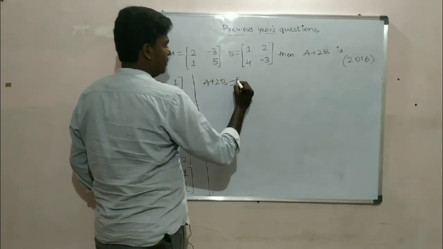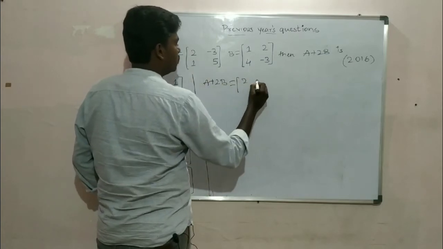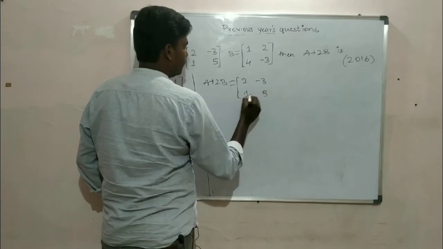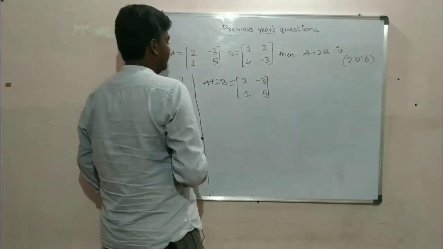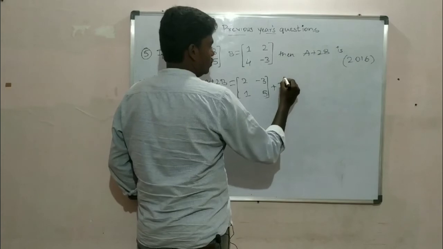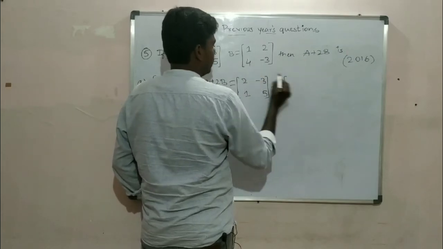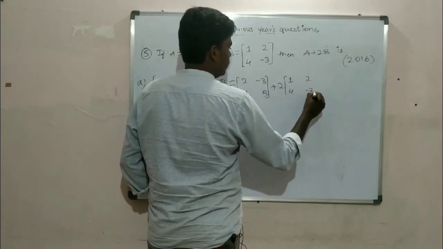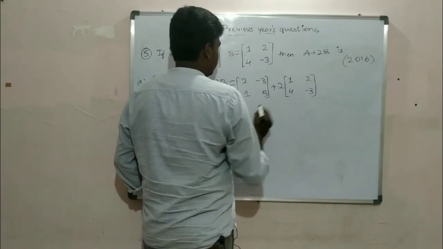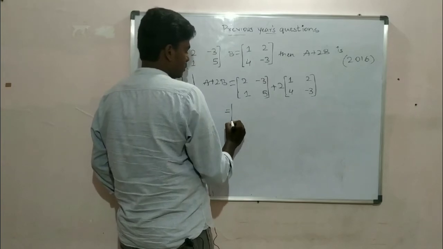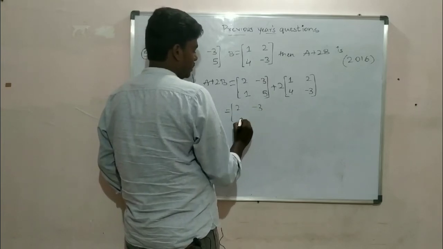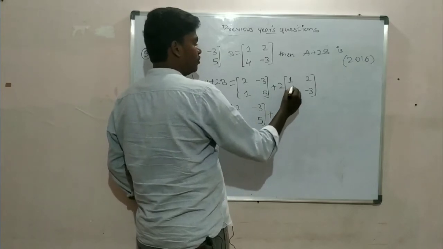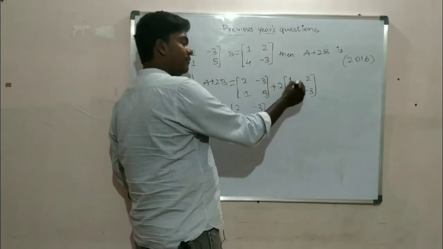Very simple problem. Take A: 2, minus 3, 1, 5, plus 2 into B, which is 1, 2, 4, minus 3. Now what we have to do is write it as 2, minus 3, 1, 5 plus, and we have to multiply this 2 with every element of this matrix.